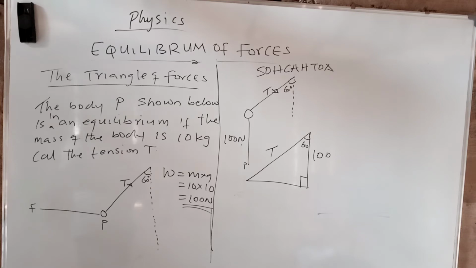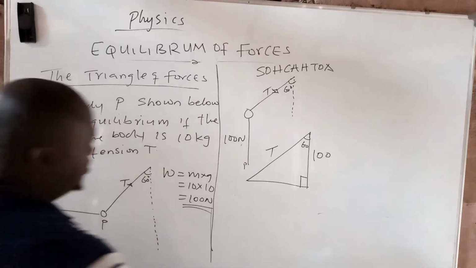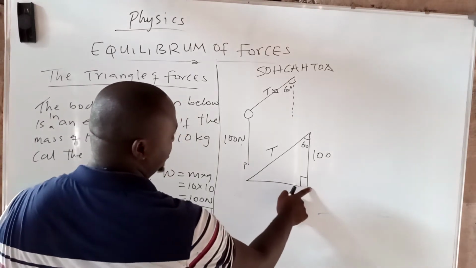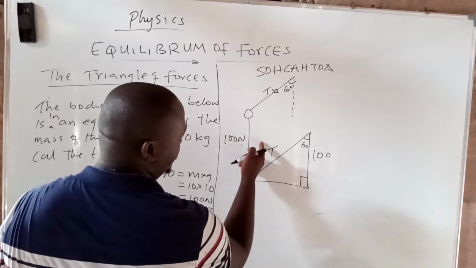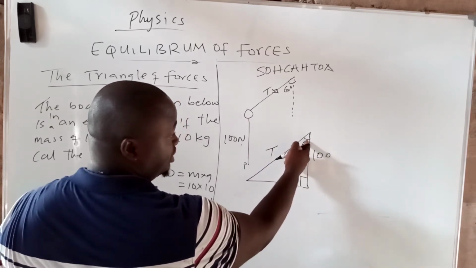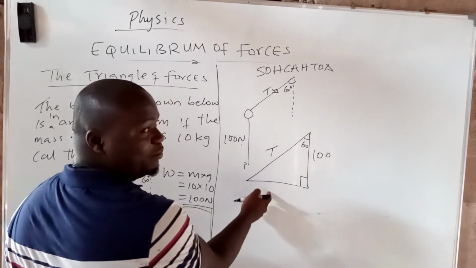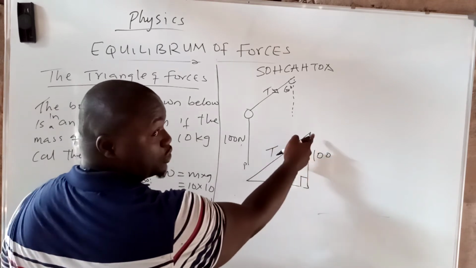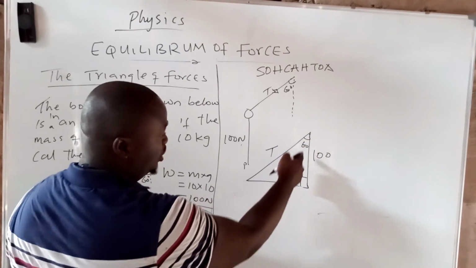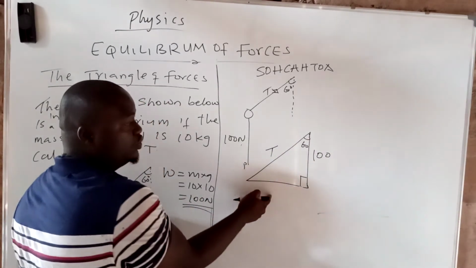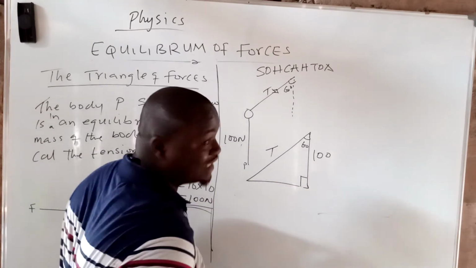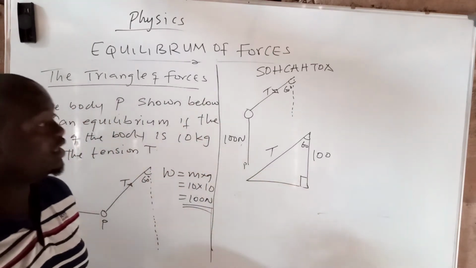Please be very, very careful. Some people may rush and say, remember the opposite to 90 degrees is the hypotenuse. Now look at this place. Be very careful. This is an angle of 60 degrees. This is the opposite of the angle. Therefore, 100 is the adjacent. Be very careful. This is a very tricky question.